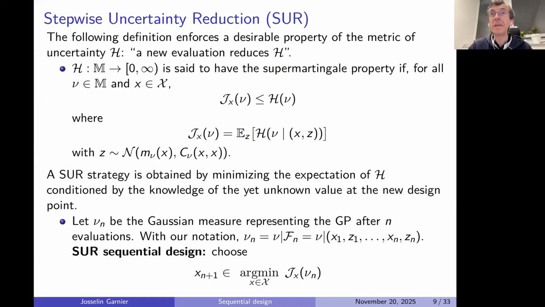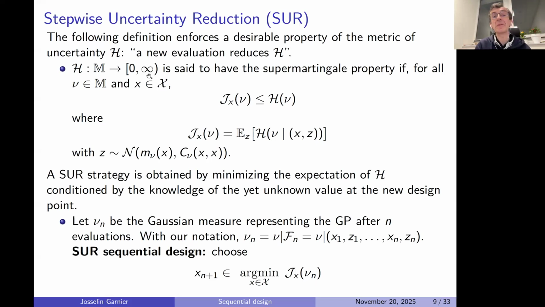It's a measure of uncertainty, so when you make an observation, you should reduce the uncertainty. So we will only work with this kind of metric of uncertainty, and we will say that this can be expressed in a mathematical way according to this definition.